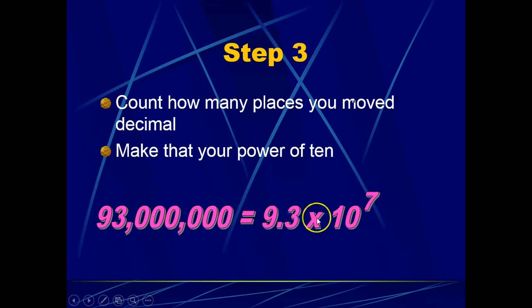So 9,300,000 times 10, move it over 1, or 930,000 times 100, or 93,000 times 1,000, which is 10 to the third, or 9,300 times 10 to the 4, or 930 times 10 to the 5th, or 93 times 10 to the 6th, or, there we go, 9.3 times 10 to the 7. So there is another explanation of how scientific notation works.